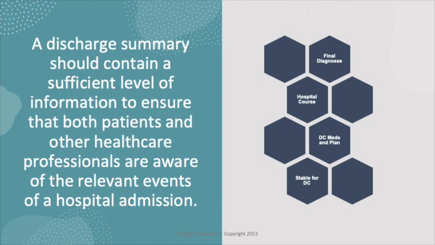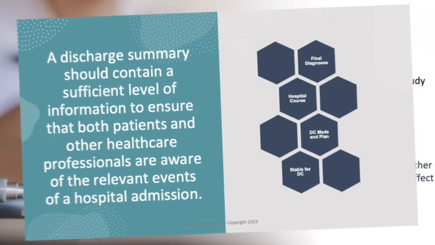And some of the things that they should include are a final diagnosis, both primary and secondary, what was the hospital course, discharge meds and discharge plan, and one thing that's not mentioned very often, but a statement that says the patient is stable for discharge. That's very important from a readmission point of view and sometimes from a medical legal point of view.